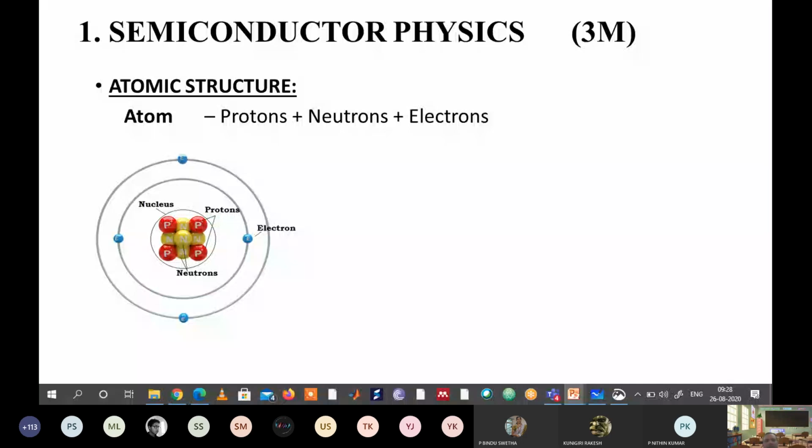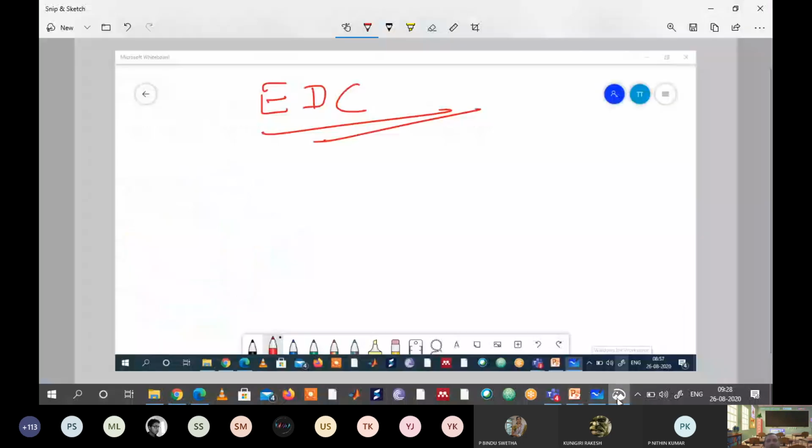The nucleus is present at the center, and the electrons revolve around it. The combination of nucleus and electrons is called an atom.